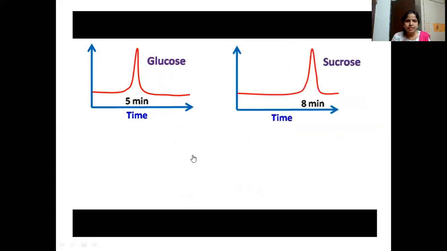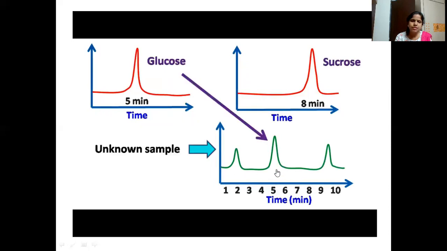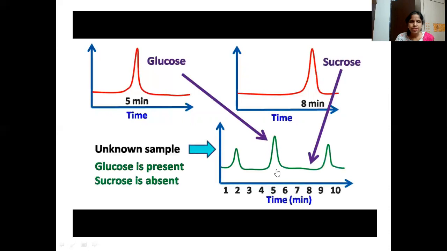Suppose we take any other compound, say sucrose; the peak is observed at 8 minutes. Now if we have an unknown sample and we run that sample and get the peaks in this way, you can see at 5 minutes it is showing glucose, so you can say that glucose is present in the sample, whereas at 8 minutes there is no peak, which says that sucrose is absent.